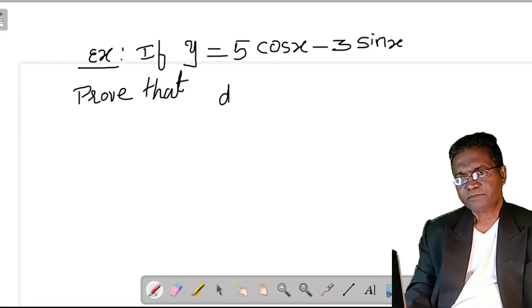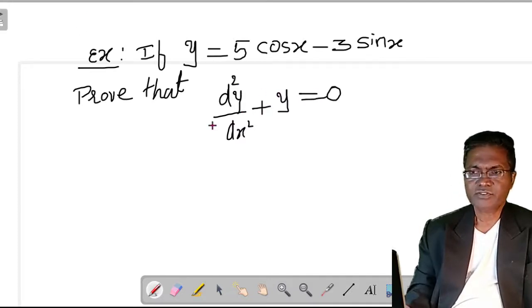Prove that d square y by dx square plus y equals to 0.